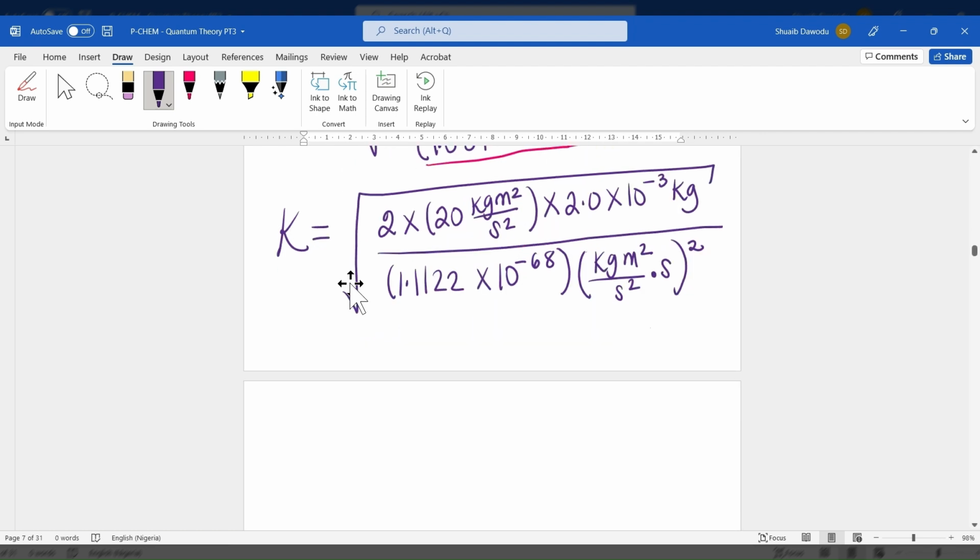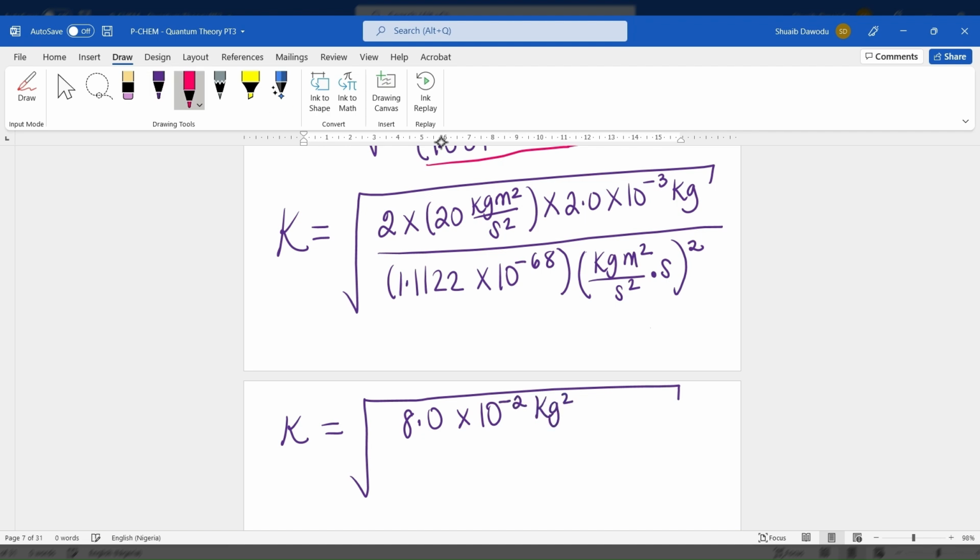I like to break down information like this because it's very easy for you to lose it if you're not careful. So k ends up becoming the square root of 2 times 20 times 2.0 times 10 to the power of negative 3 times kilogram meter squared per second squared times kilogram, which will end up giving you 8.0 times 10 raised to the power of negative 2 kilograms squared.